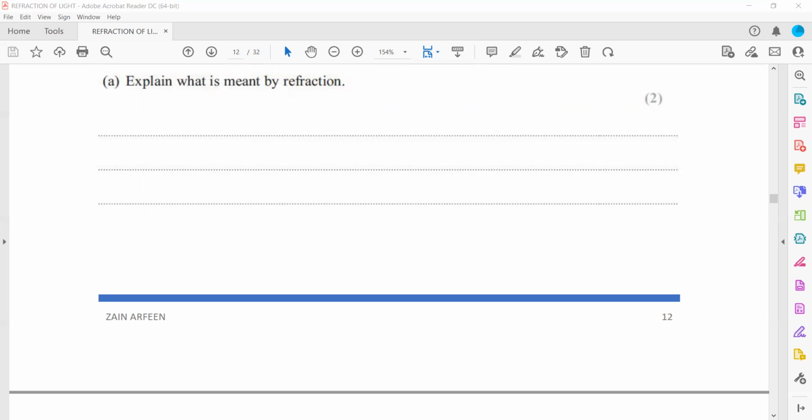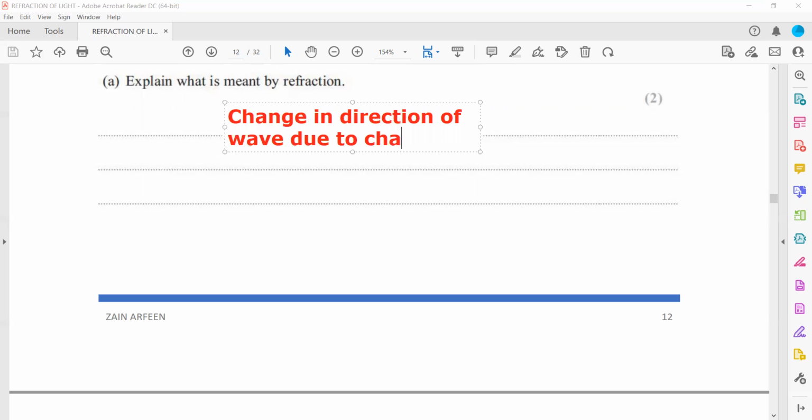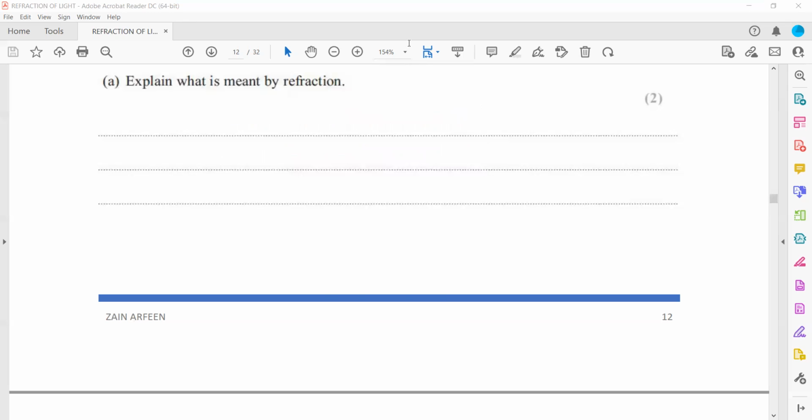You can also mention it like that: change in direction of the wave due to change in density of the medium is known as refraction, or change in speed of the wave due to change in density of a medium, also known as refraction.